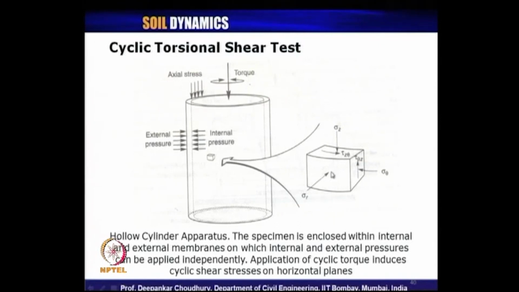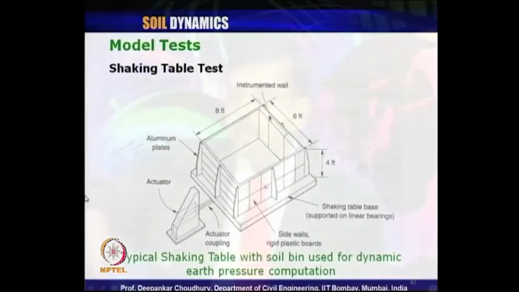So, these are the stress conditions from which we can find out the dynamic soil properties. The shear stress versus shear strain profiles that we get from these tests, we will see soon in our lecture.